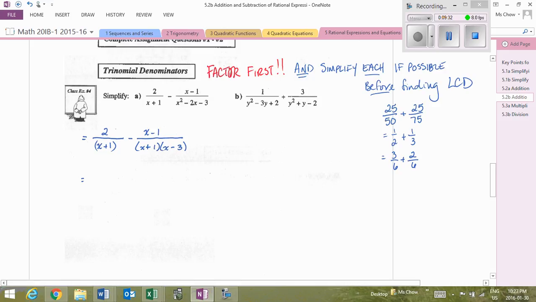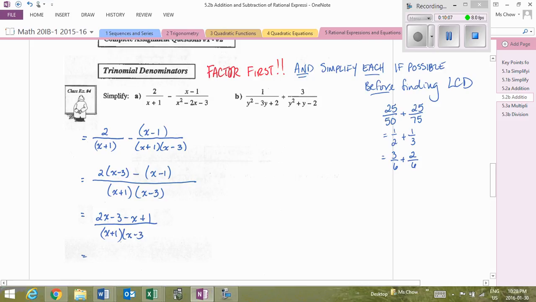So I need to multiply this top and bottom by x minus 3. So x plus 1 and x minus 3, and so it's 2 times x minus 3, because we're multiplying again, top and bottom by x minus 3. Remember, you're subtracting this whole thing, so subtracting x minus 1, so I need to distribute that negative as well. So we've got 2 times x minus 3 minus x plus 1 all over x plus 1, x minus 3.